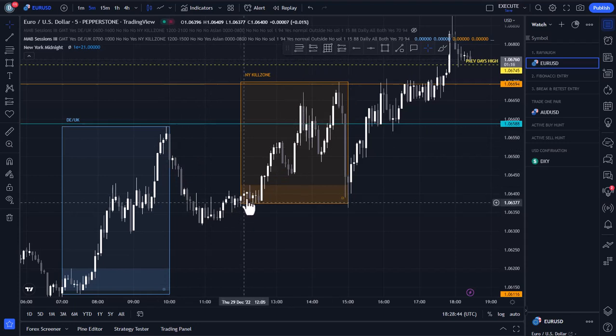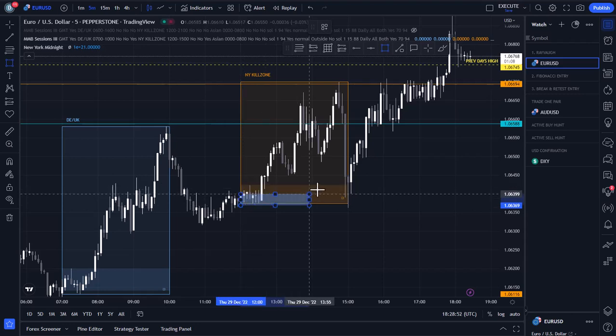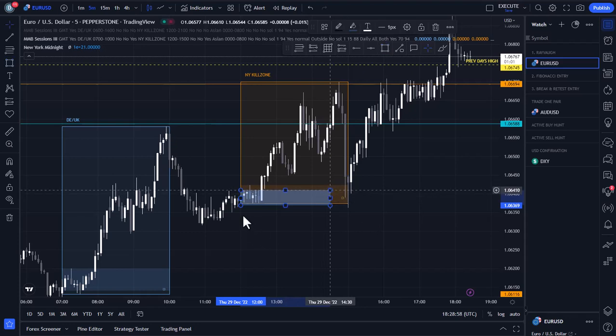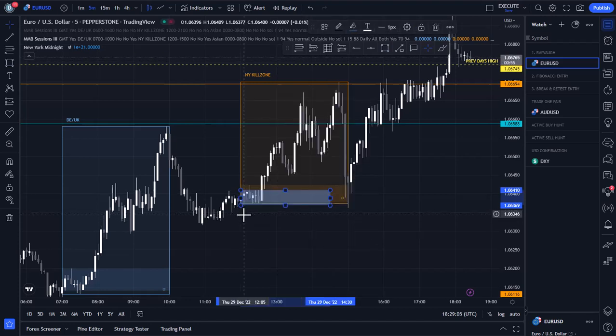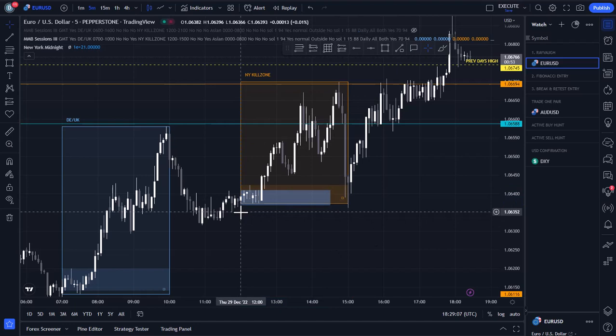Okay, so for this particular setup, we have the price opening range to be this. Yes, this is my price opening range. So the first three candles from 12:00, 12:05, 12:10.